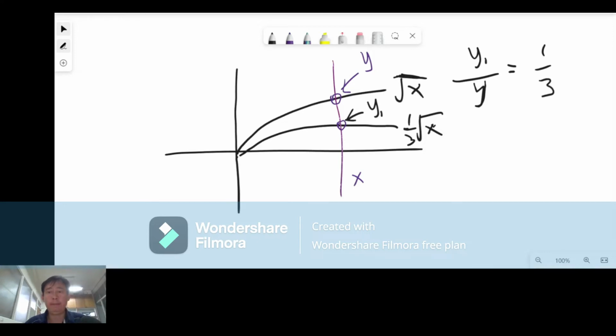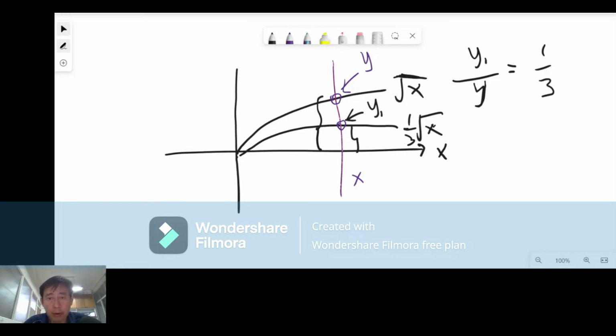So y is always larger than y1 by a factor of 3, and y1 is always closer to the x-axis. That is what we mean by compressing the function vertically.